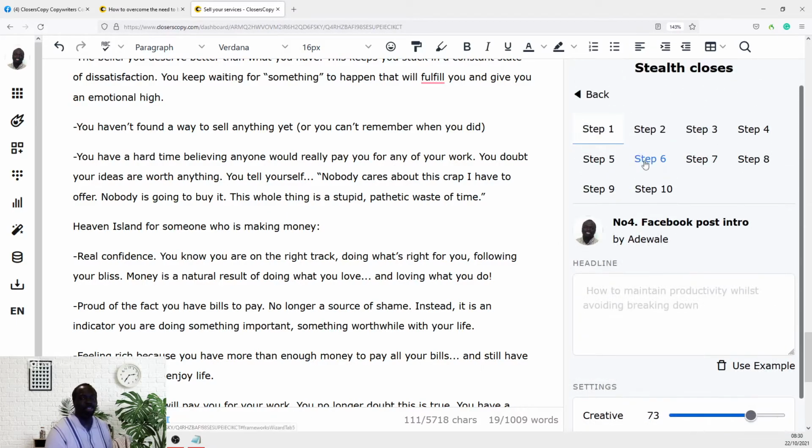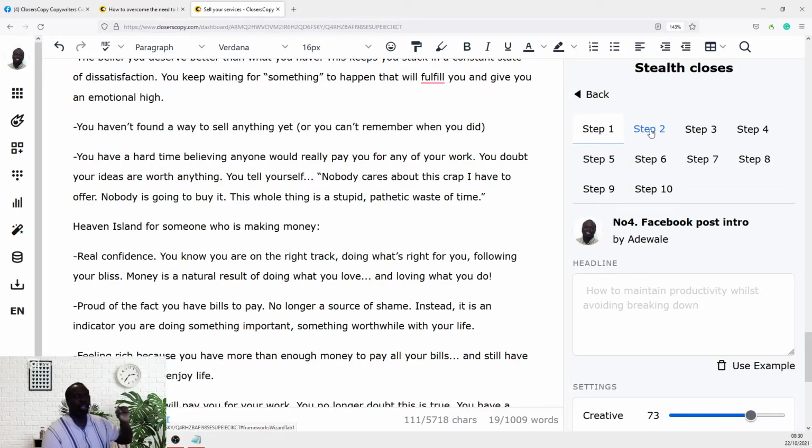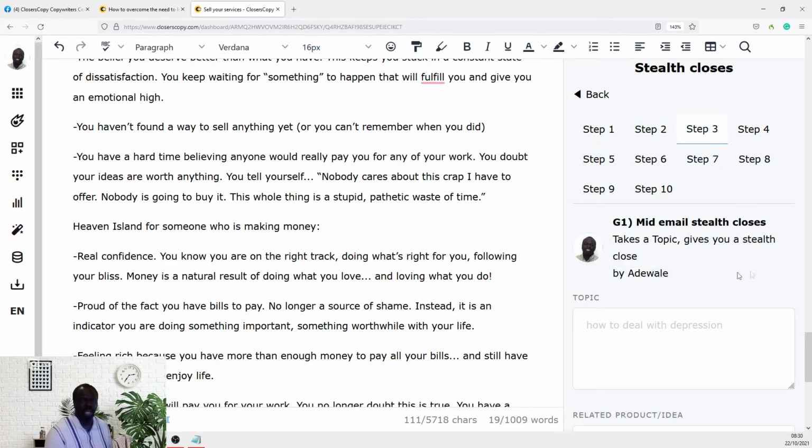Now I've looked through all my frameworks and collected the frameworks that tend to give me very flashy, very interesting, very exciting, very magnetic introductions and conclusions, as well as putting together what I call stealth closes.